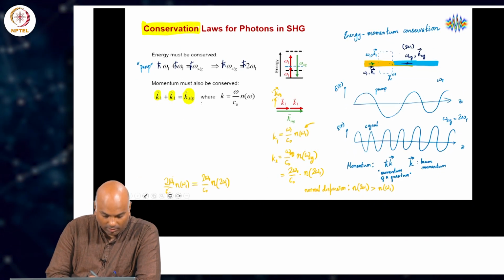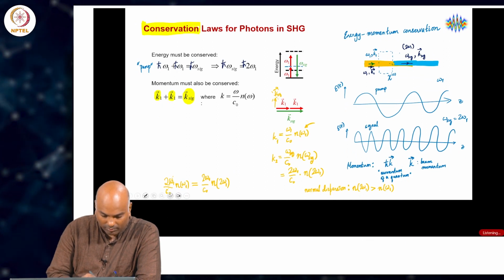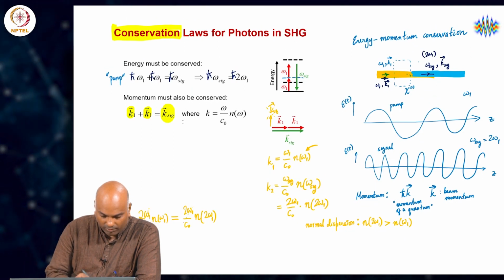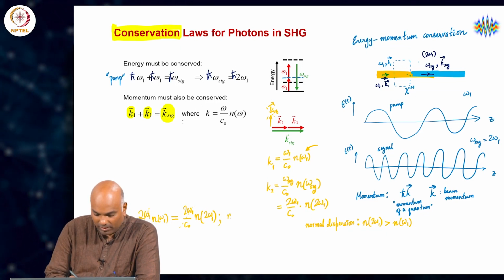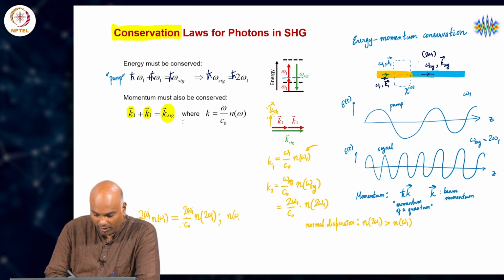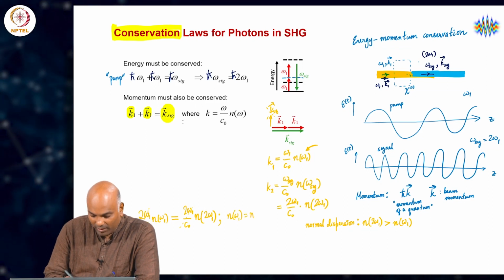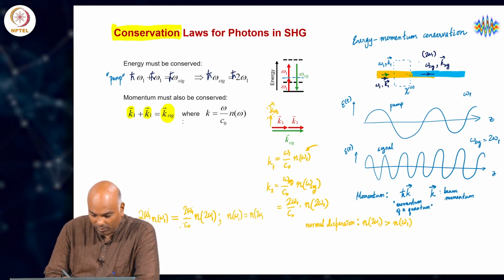So, oh no, cancel out the common factors. This leads us to n at omega 1 should be equal to n at twice omega 1.